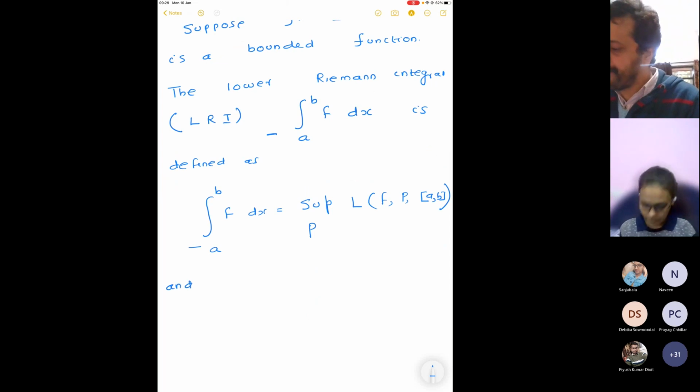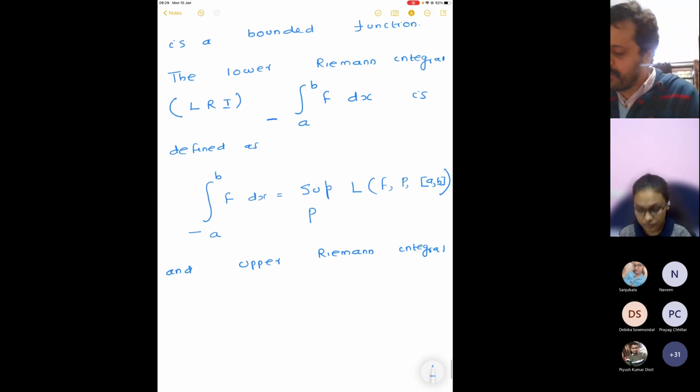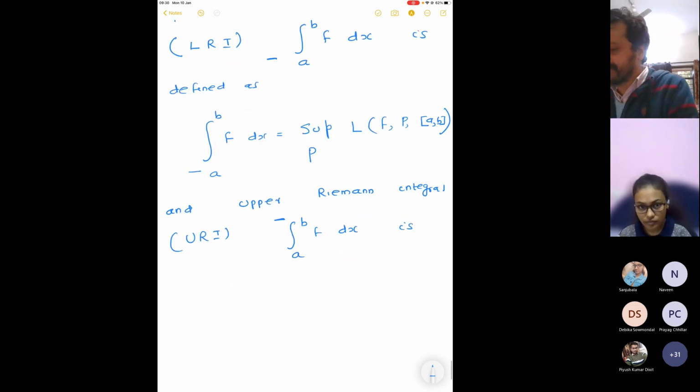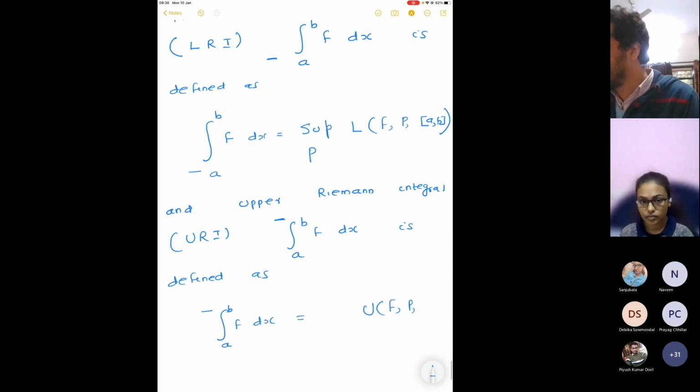And the upper Riemann integral is defined as follows. The upper Riemann integral, URI, I will write. The notation is: integral a to b of f dx with a bar above, is defined as the infimum of the upper Riemann sums U(f, P) over [a, b].